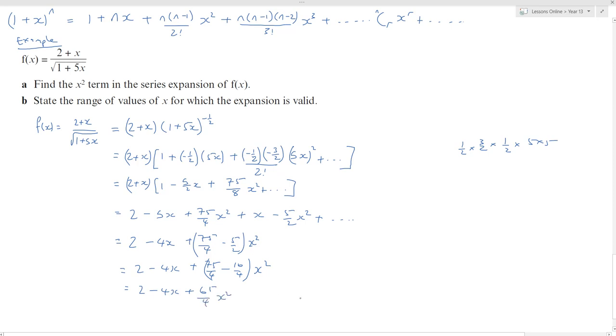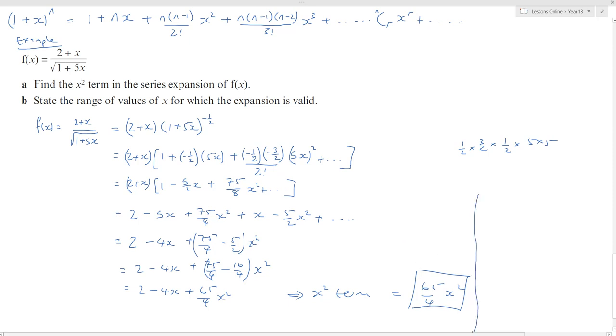So the x squared term is equal to 65 over 4 x squared. And then they want you to state the range of values for which this is valid.